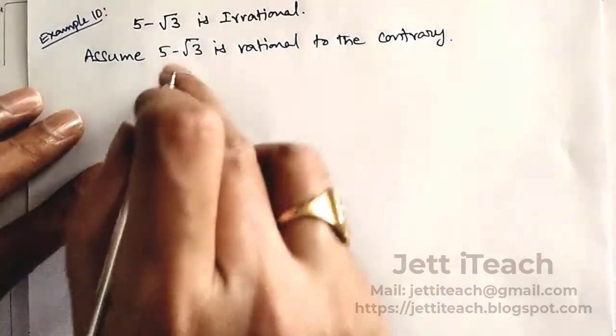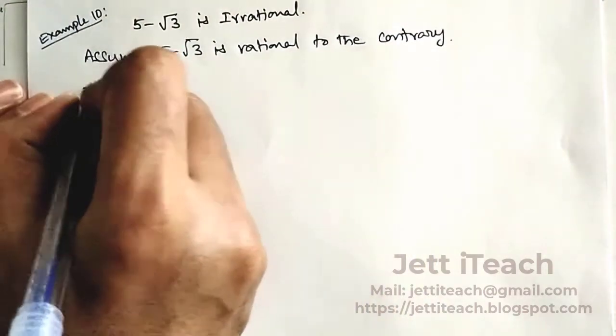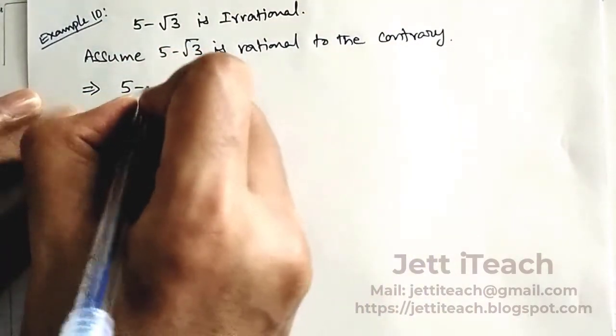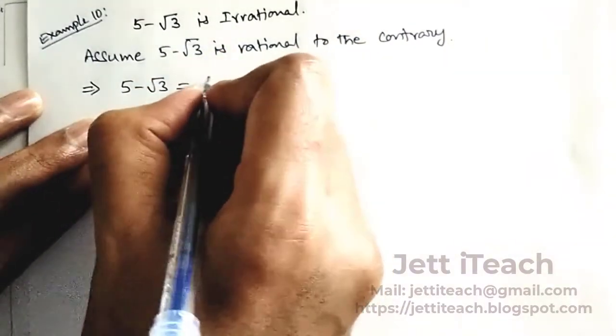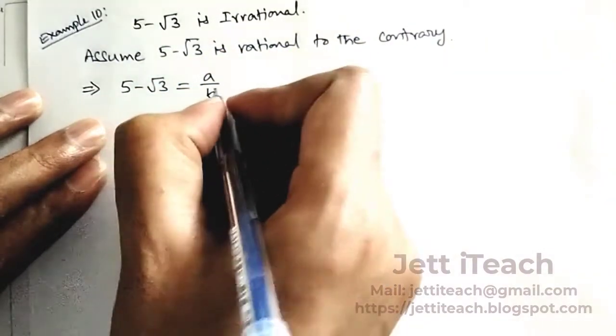Okay, since it is a rational number, you can write it as 5 minus root 3 equal to a by b.